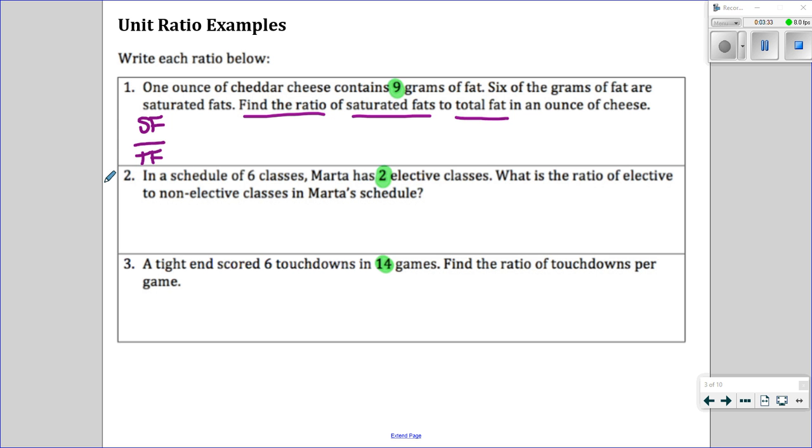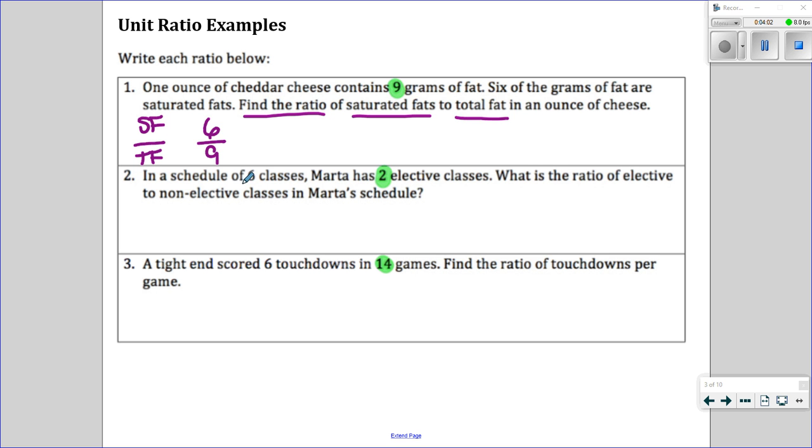Usually to help yourself, you can always set up what they're asking you to look for, so that you know where to place your numbers. And usually when they ask you to find a ratio, they put it in a certain order. So if they have saturated fats to total fat, then you know that saturated fat will be on the top, total at the bottom. So saturated fat, they told us, is 6, and then the total is 9.